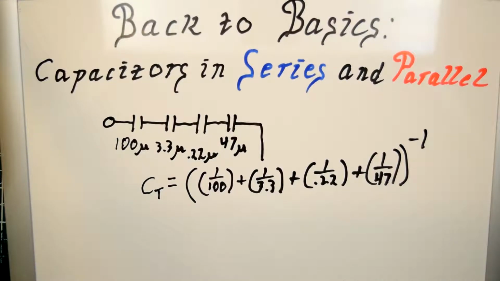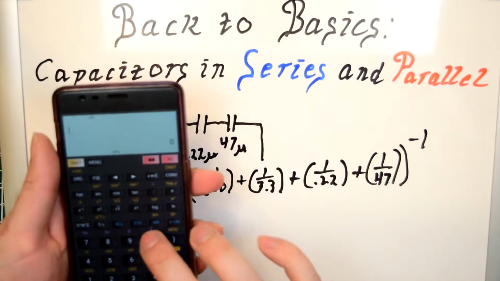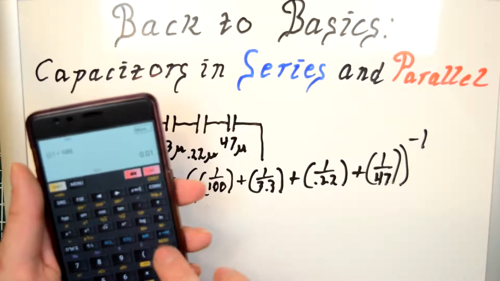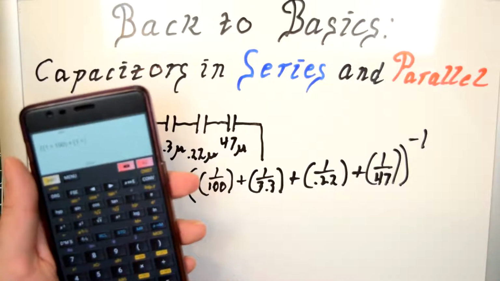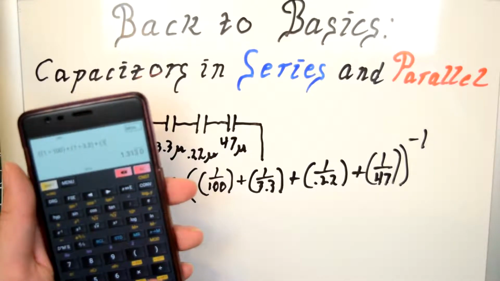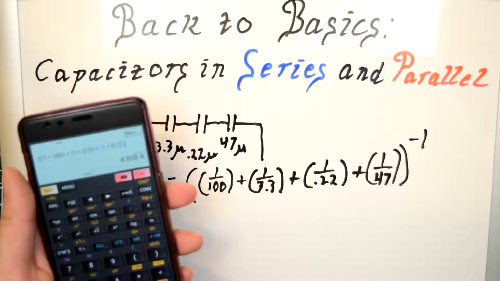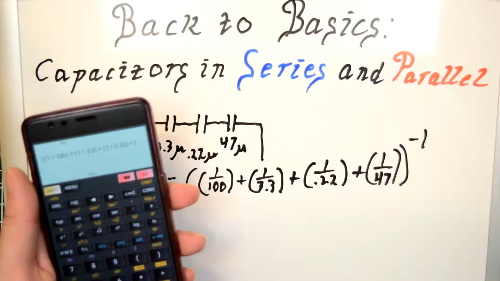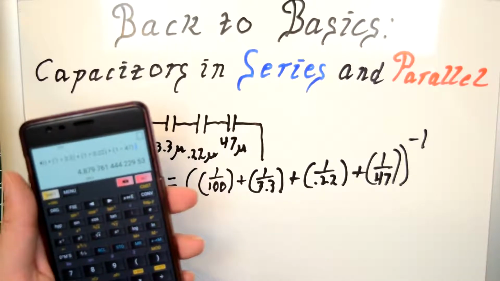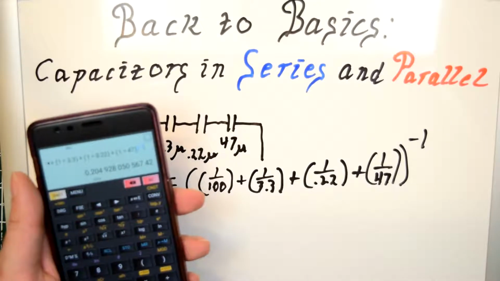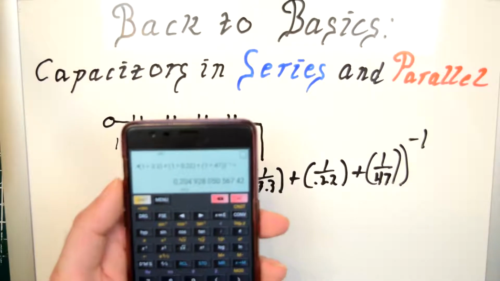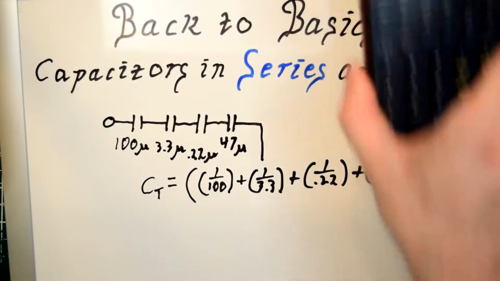So let's go ahead and whap that into our calculator. So 1 over 100 plus 1 over 3.3 plus 1 over 0.22 plus 1 over 47. Close both parens. Take that all to the -1. And we should see 0.204 microfarads.